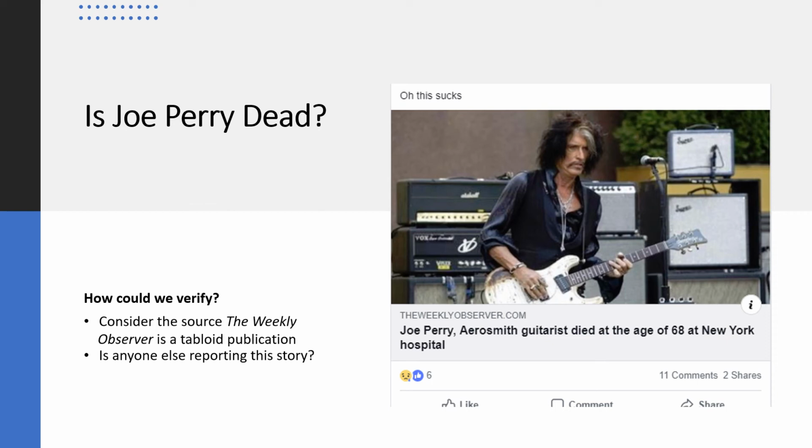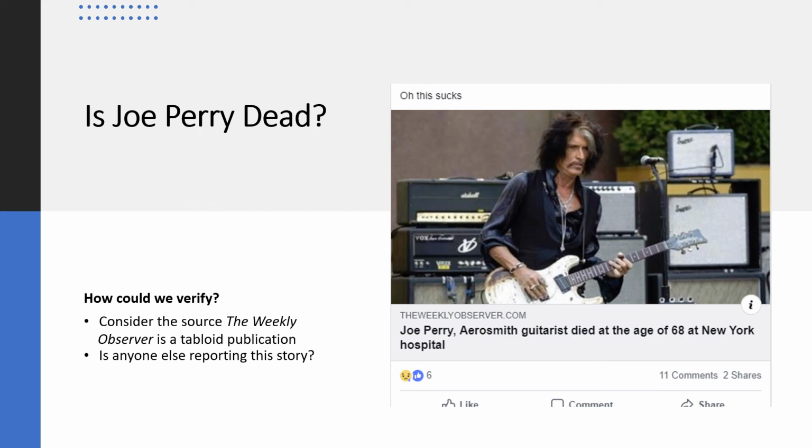Well, just looking at the source here, the Weekly Observer, we might understand that this is a tabloid publication. They often publish kind of sensationalistic information. So that should make us question the information at least. Remember that idea, is anybody else reporting this story? When I saw this on Facebook, I Googled it and found that nobody else was reporting it. It seemed like it would be a pretty big story.